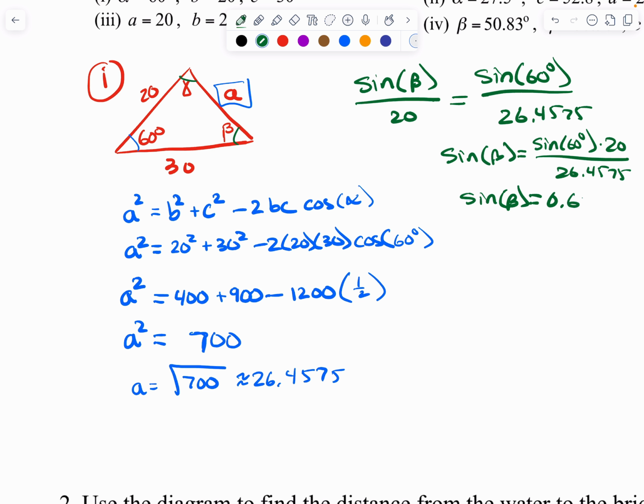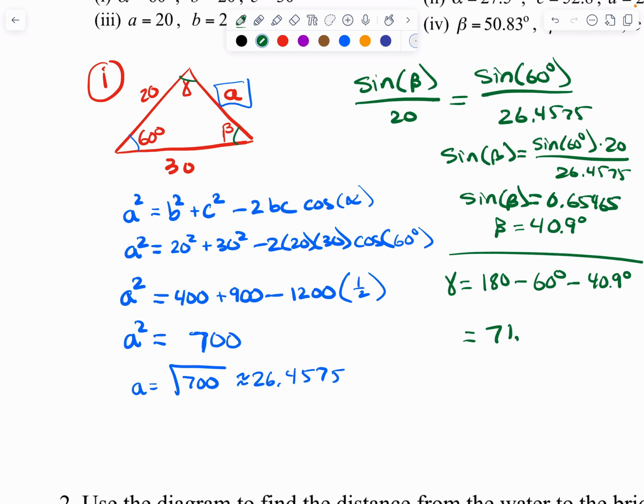So 0.65465, and it goes on. Now I use the inverse sine on my calculator to get the value of this, and I'm getting 40.9 degrees. Now that I've got two angles and all of the sides, the last bit is pretty easy. Gamma will equal 180 minus 60 minus 40.9, which is 79.1.